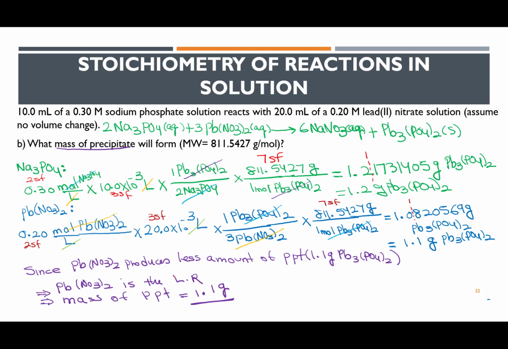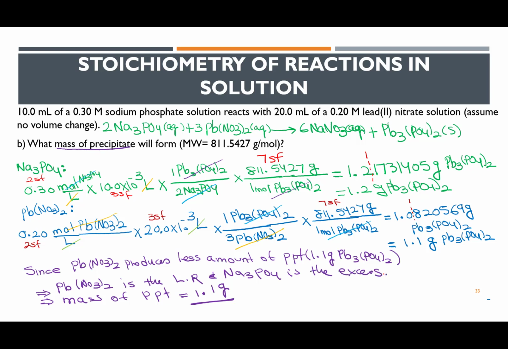Okay, we will have no lead 2 nitrate, but we will have some sodium phosphate left over, because sodium phosphate is the excess. Okay.